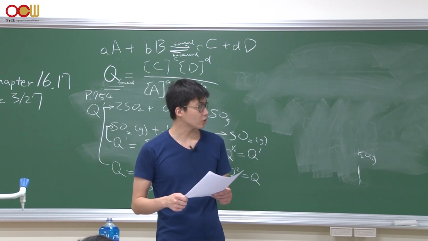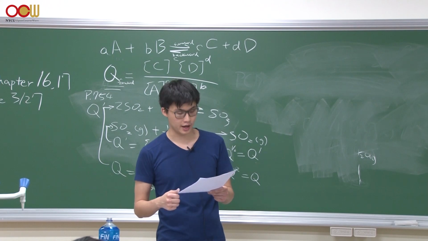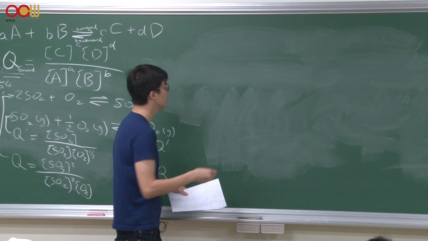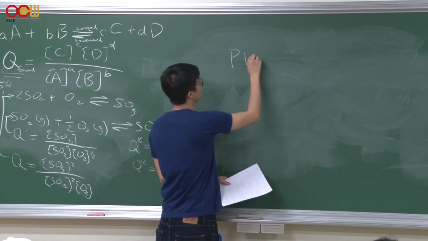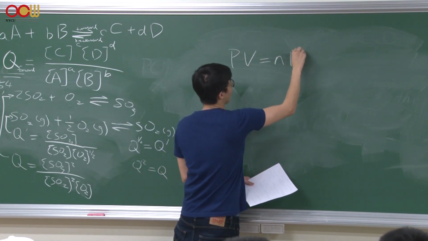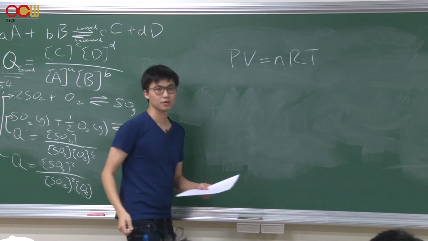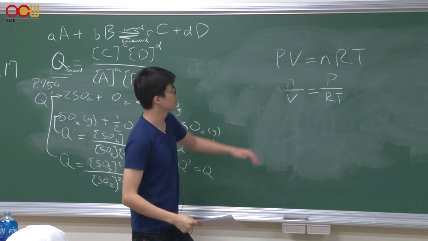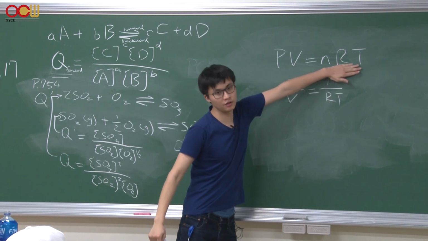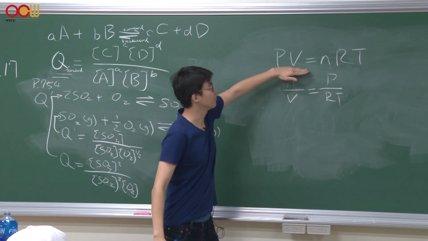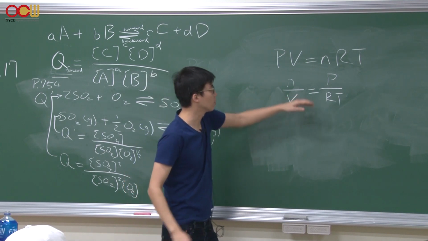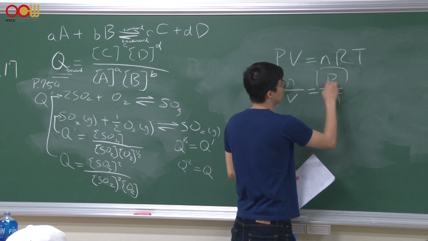All right, so now we'll talk about pressure, okay? Kp, this is section 17.3. We all know this equation, PV equals nRT, right? So if we rearrange this equation, you simply divide RT from both sides and divide V from both sides, and you get this equation, okay? This is something we care about.